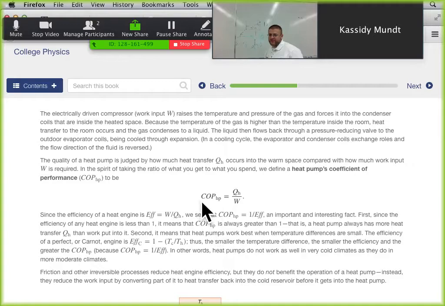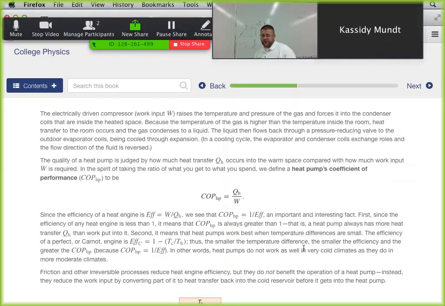And this turns out the coefficient of performance is actually the inverse of the efficiency. So where efficiency goes from 0 to 1, or 0 to 100% if you calculate it in percent, the coefficient of performance is very different. You take 1 over that stuff, and it goes from 1 to whatever, just gets bigger and bigger.